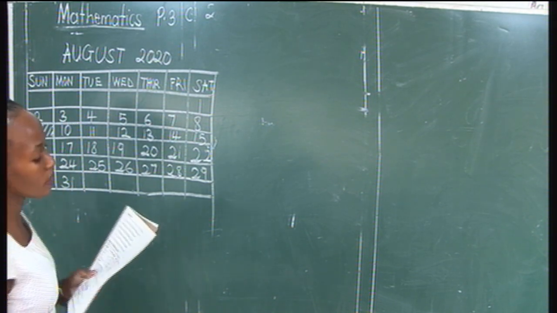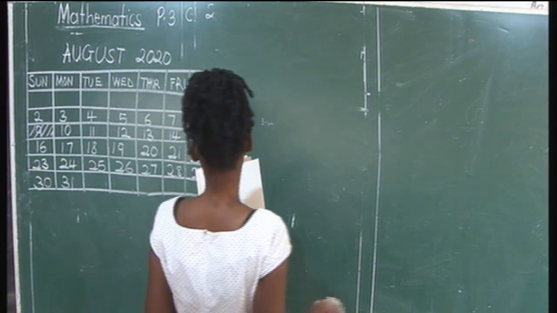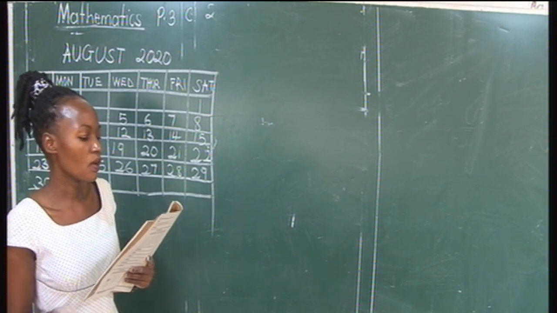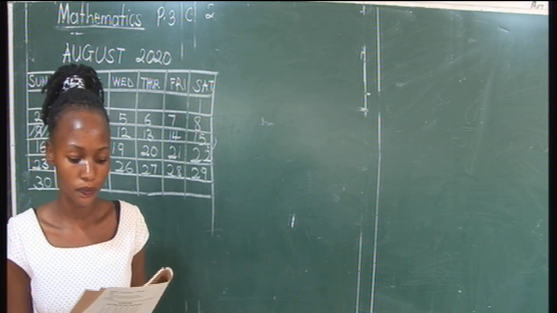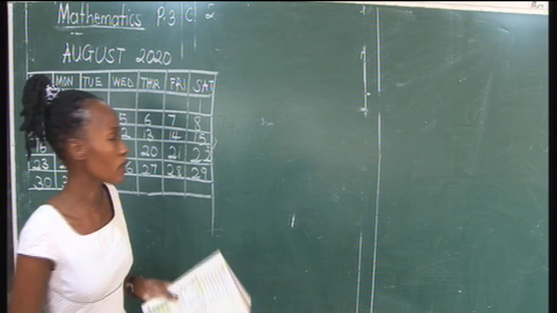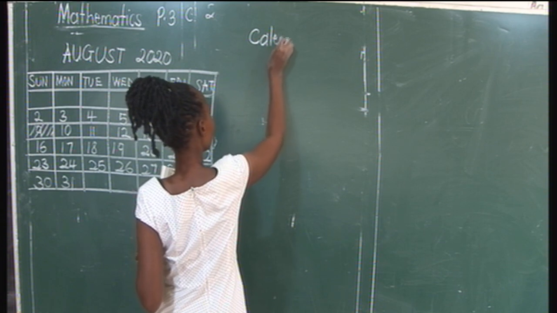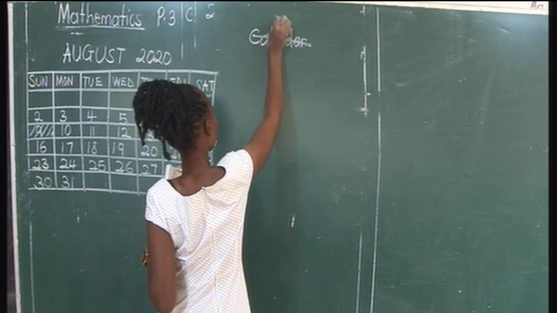They wrote which month of the calendar is shown above. Cross out the word calendar and write there the word year.